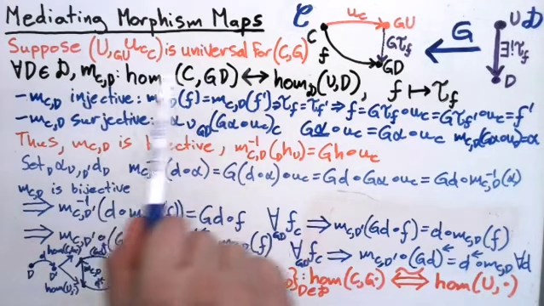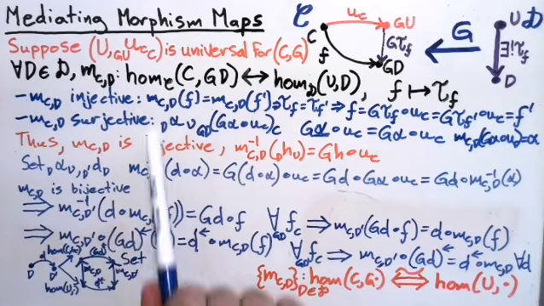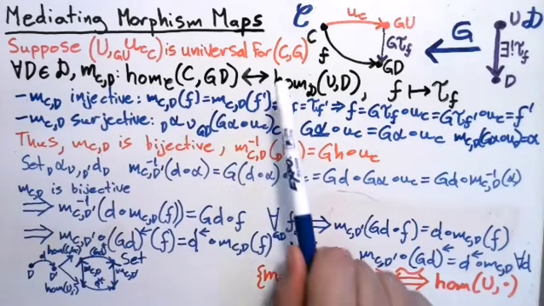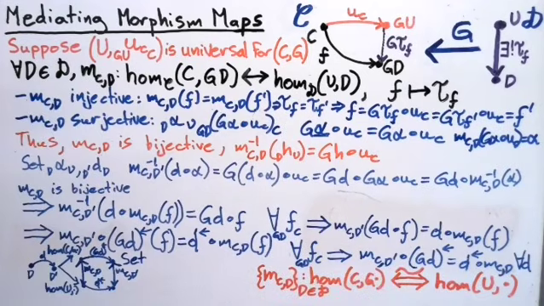Just based on the definition of a universal, we were able to get all of this for free. We were able to define the mediating morphism maps, show that they're well-defined functions, show that they're bijective, give their inverses, and not only that, but we can show that the collection of mediating morphism maps for every object in D actually forms the set of morphisms that represent a natural isomorphism between two covariant home functors defined on the category D, right?